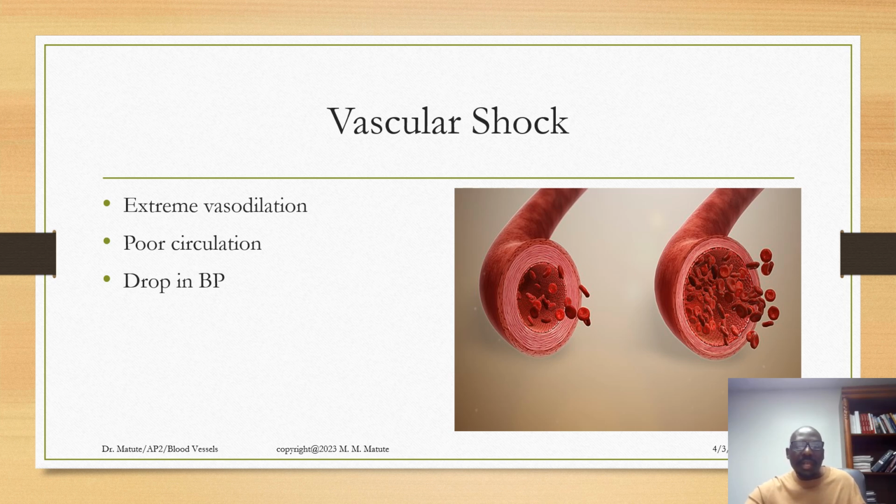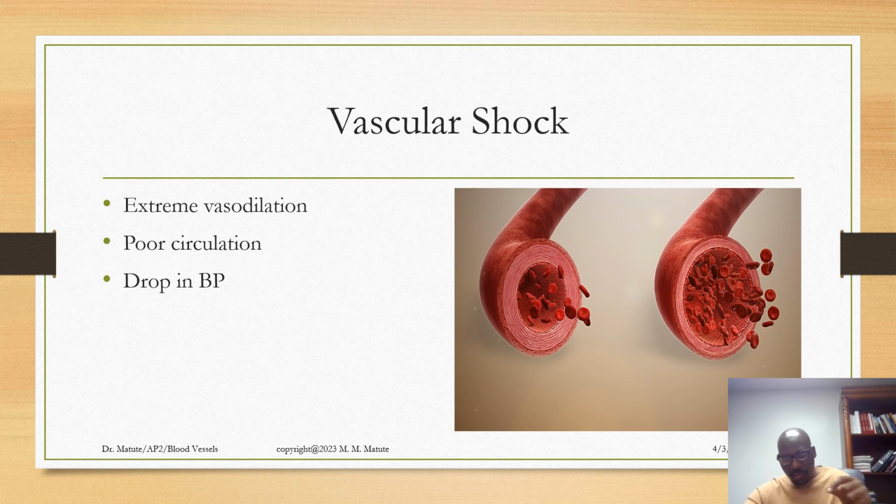Okay, now extreme vasodilation too can lead to poor circulation. If your vessels become too dilated, then the heart also thinks that enough blood is not being pumped into your body, and that can also lead to a problem. So the diameter of your blood vessels has to be maintained at a certain level.